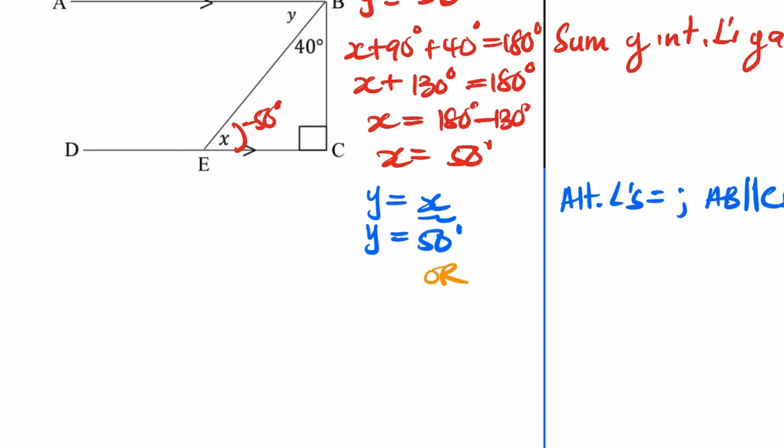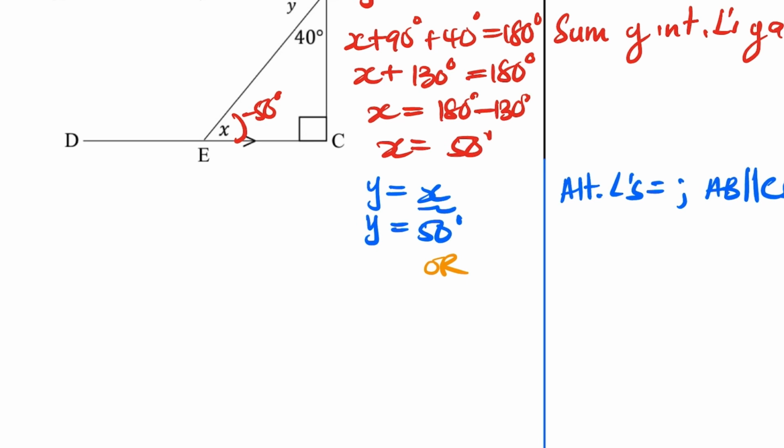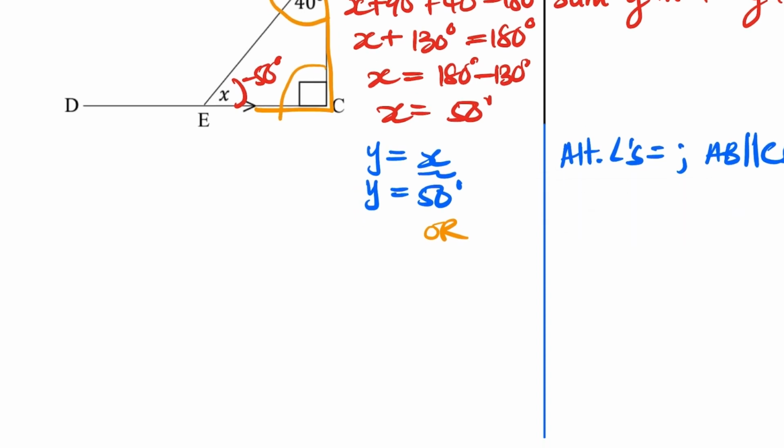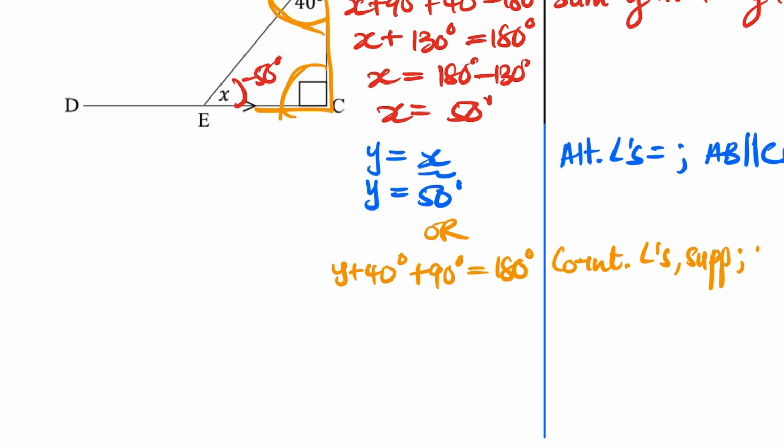Okay, let's look at an alternative. The alternative, we have what we call co-interior angles here. So this simply means that this angle plus this angle equal 180. So I'll say y plus 40, which is this angle, plus the 90, which is this angle, equal 180. So we say it's co-interior angles, supplementary, because line AB is parallel to CD.